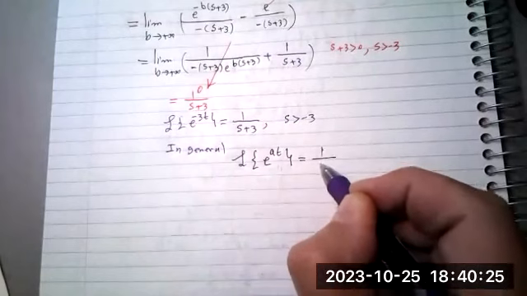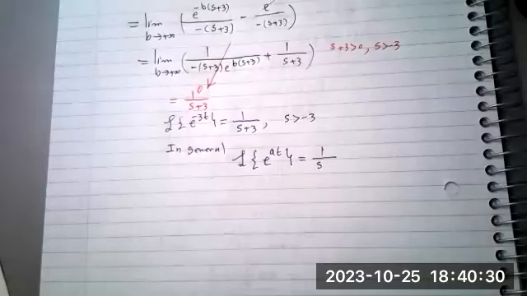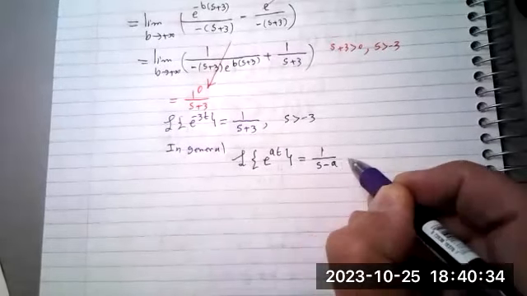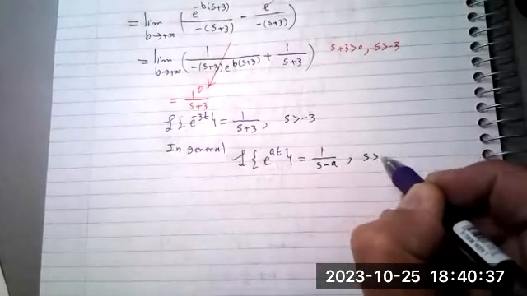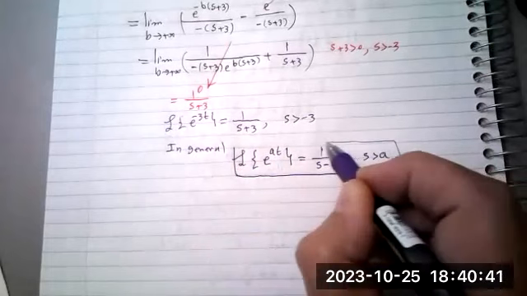It is 1 over s minus a, because I changed the sign, with the condition that s must be greater than a. This is a very important formula. You can use it anytime you like.